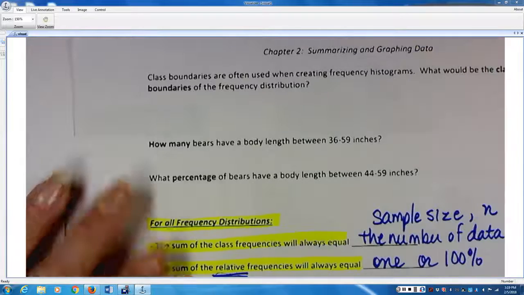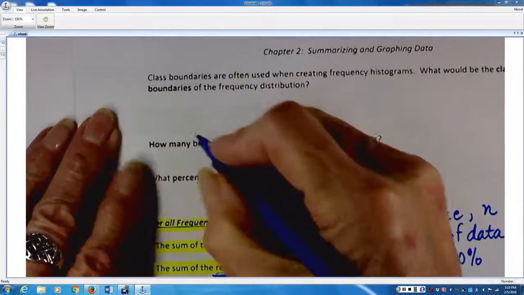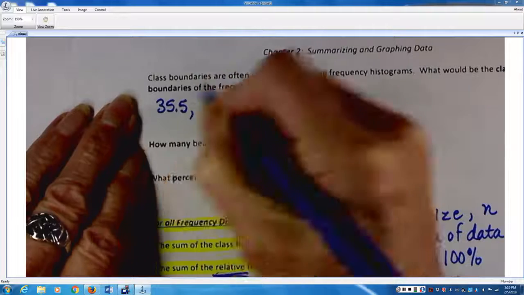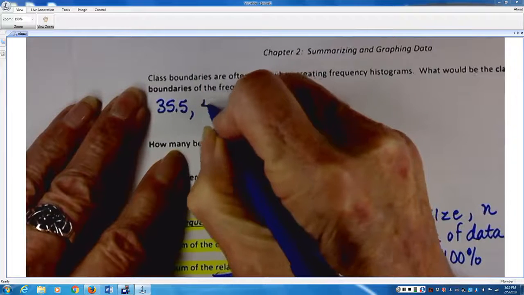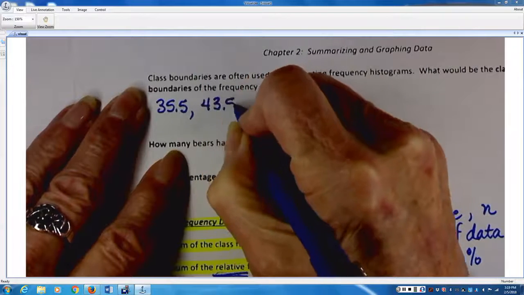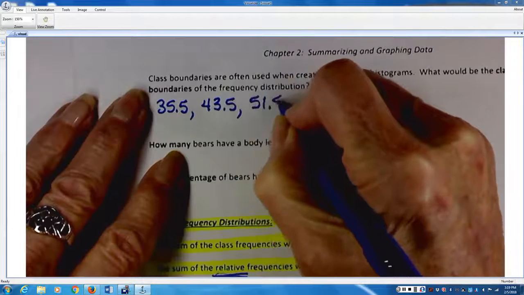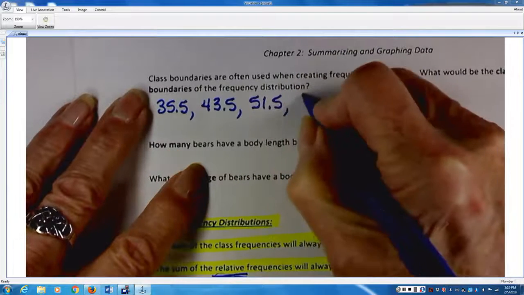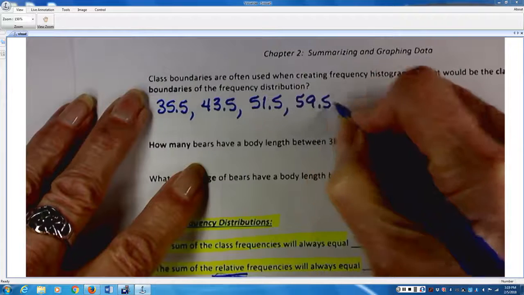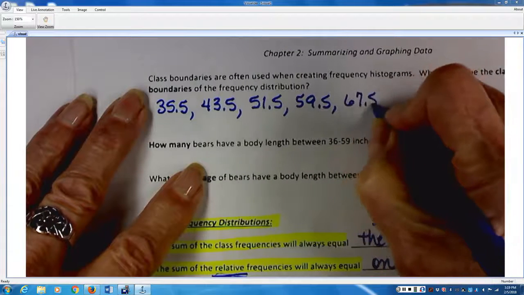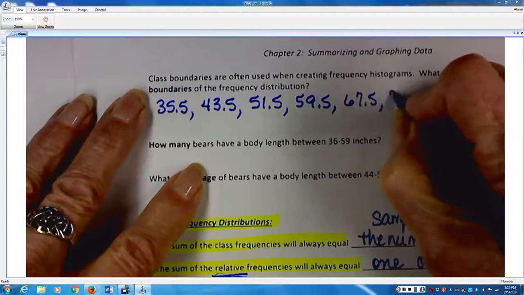So your class boundaries for our set of data would have been 35.5, 43.5, 51.5, 59.5, 67.5, and 75.5.